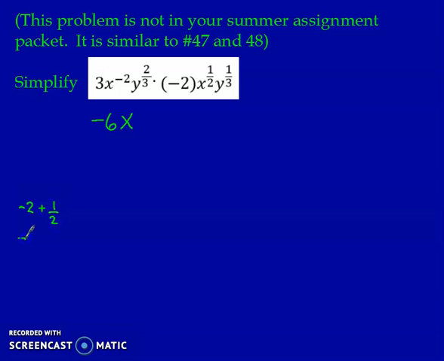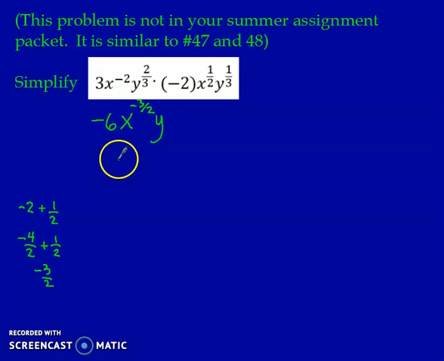So that would be -4/2 plus 1/2. Looks like -3/2 is our exponent. -3/2. Then the y factors, y, and I have 2/3 plus 1/3, 3/3, or just 1.